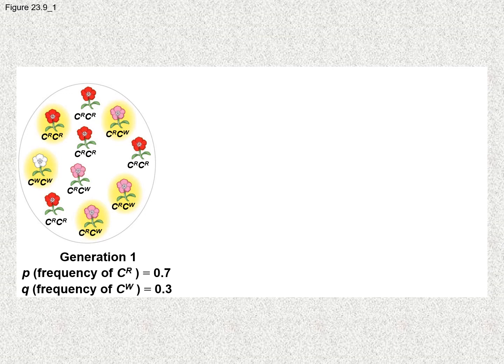So we start out at a frequency of, again, p is typically the frequency of the dominant allele. q is typically of the recessive allele. Okay, so it represents the frequency, and the frequency is the number of individuals with whatever phenotype, so let's say number pink, divided by the total population.